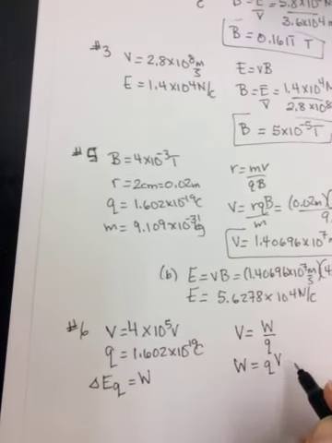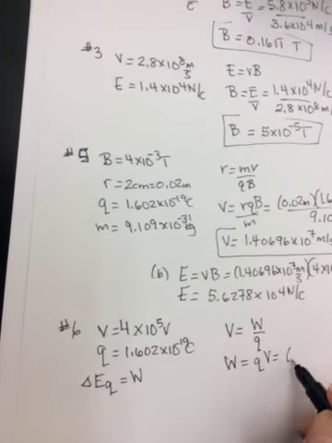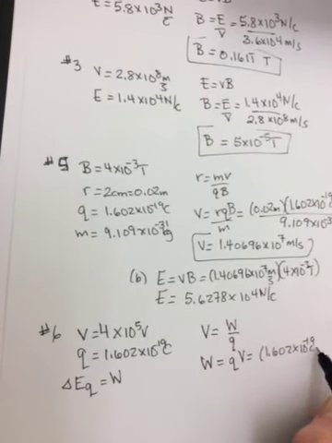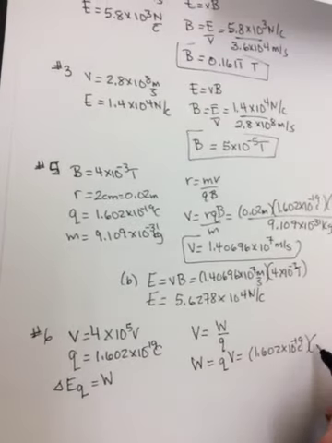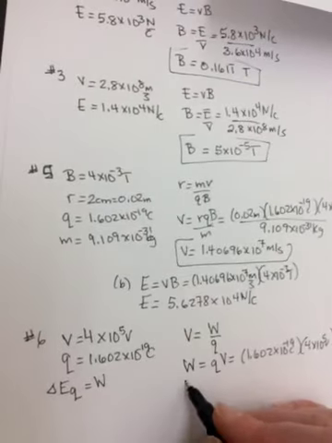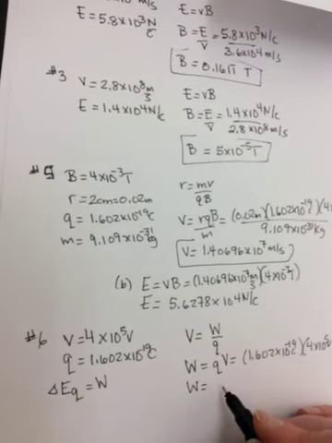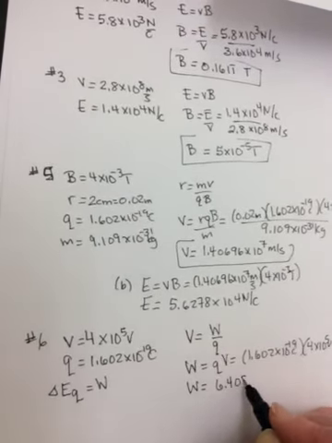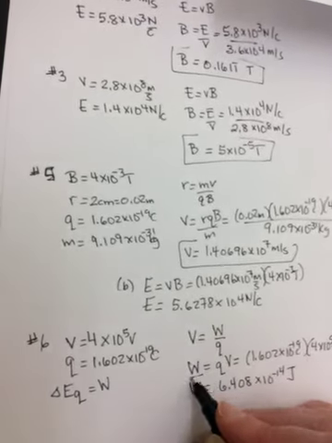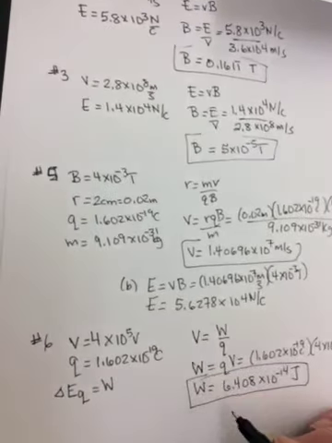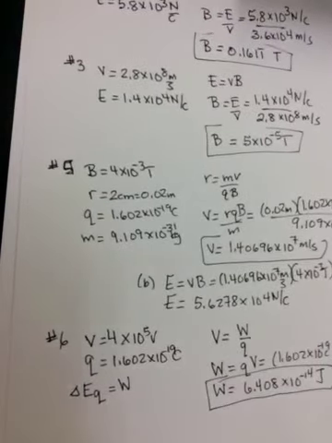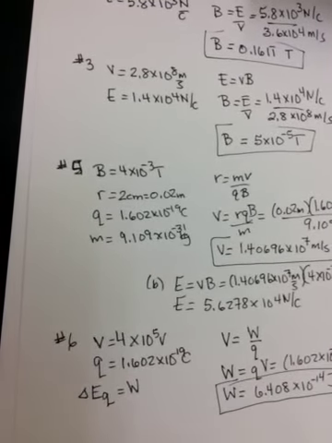So it's just equal to QV. So 1.602 times 10 to the negative 19 coulombs times 4 times 10 to the 5th volts. And when you do this, you get an energy or work done of 6.408 times 10 to the negative 14 joules. Don't be surprised if you need this one in some of the questions that are coming. All right, so those are your homework questions.